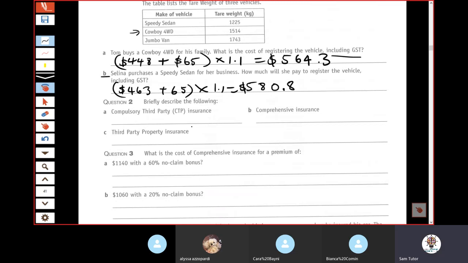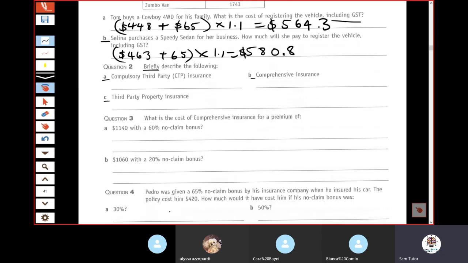Okay. Who wants to try this? Briefly describe the following: compulsory third party, comprehensive, third party property insurance. Kara, do you want to try to explain it for us?